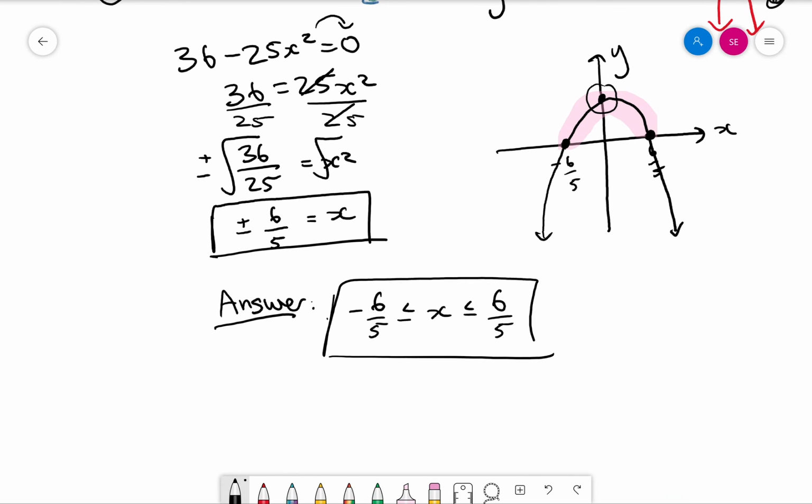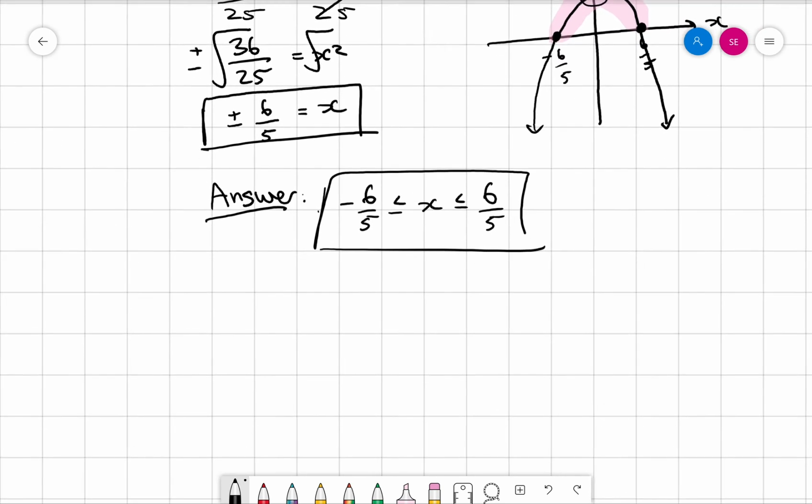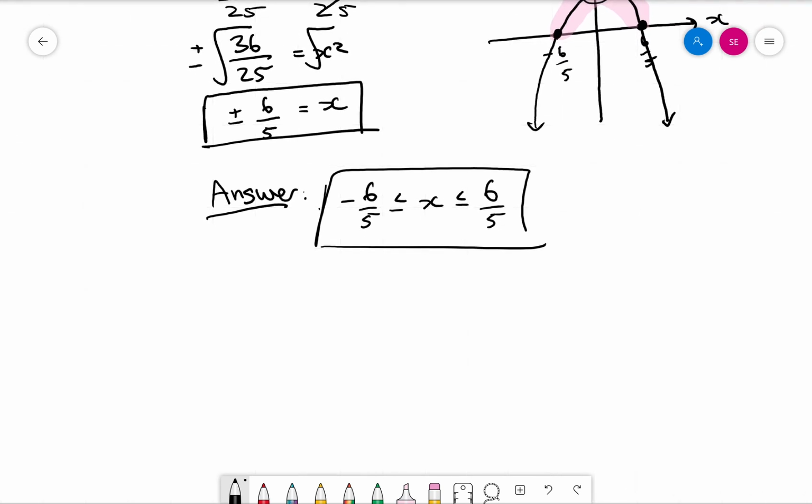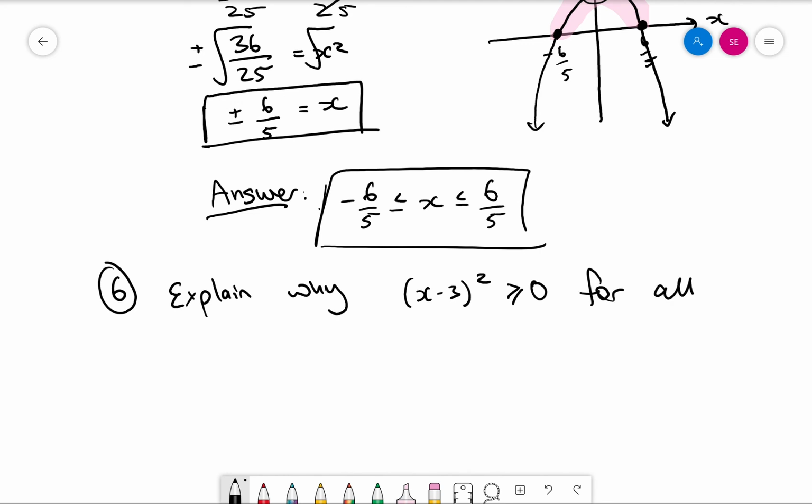Okay. Now, one last question, a bit of a tricky one, is question 6. So we want to explain why x minus 3 squared is greater than or equal to 0 for all x.